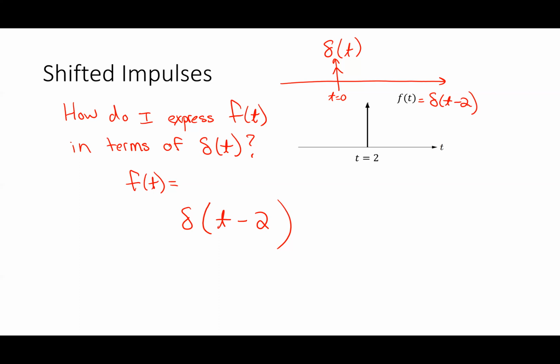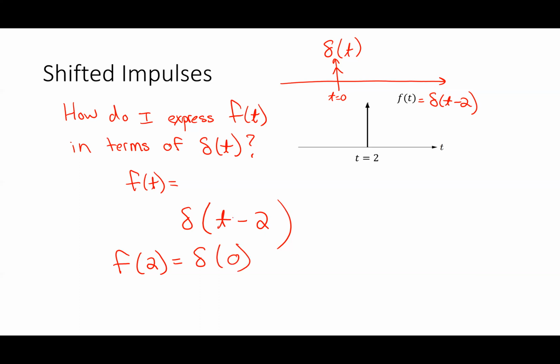Well, how can I do a check to see that this makes sense? What happens if I ask what f of 2 is? It's going to be delta of 0.